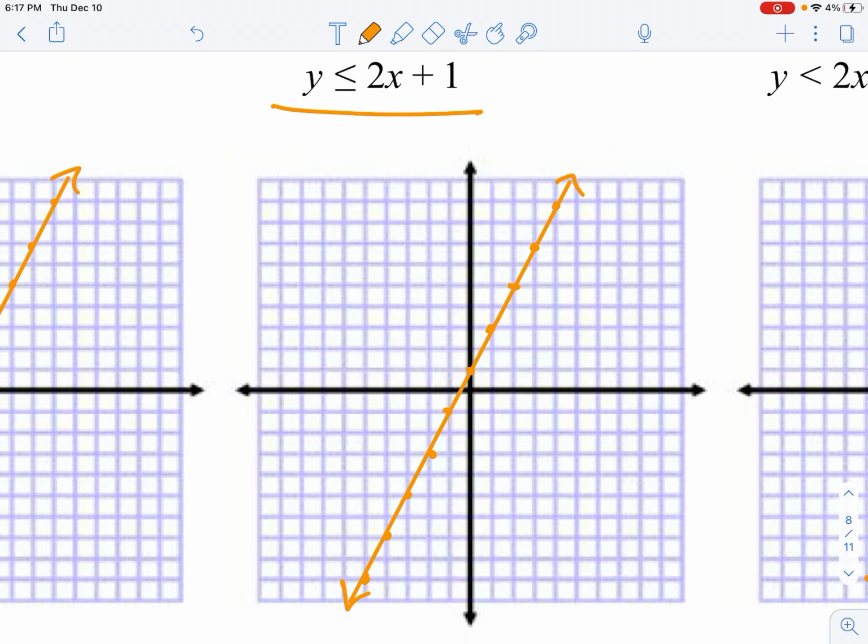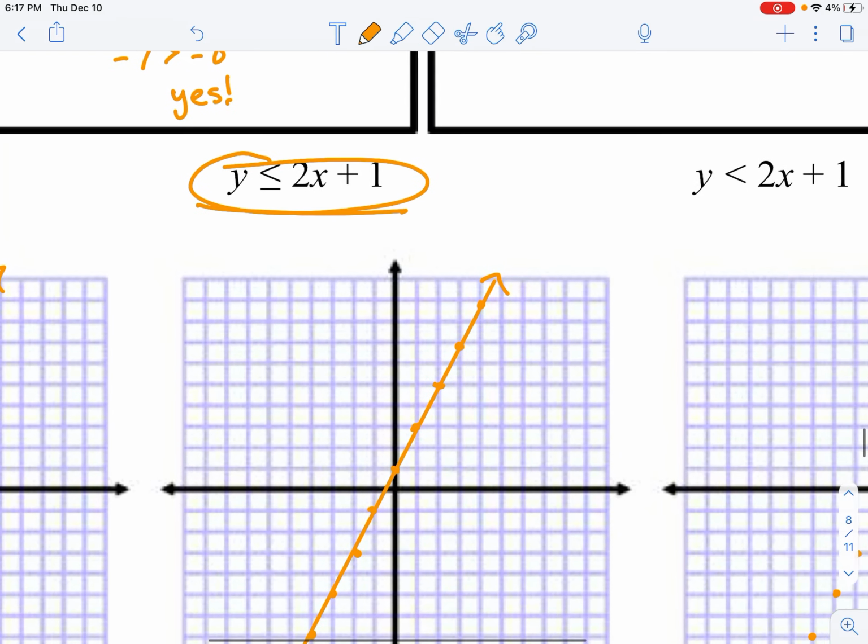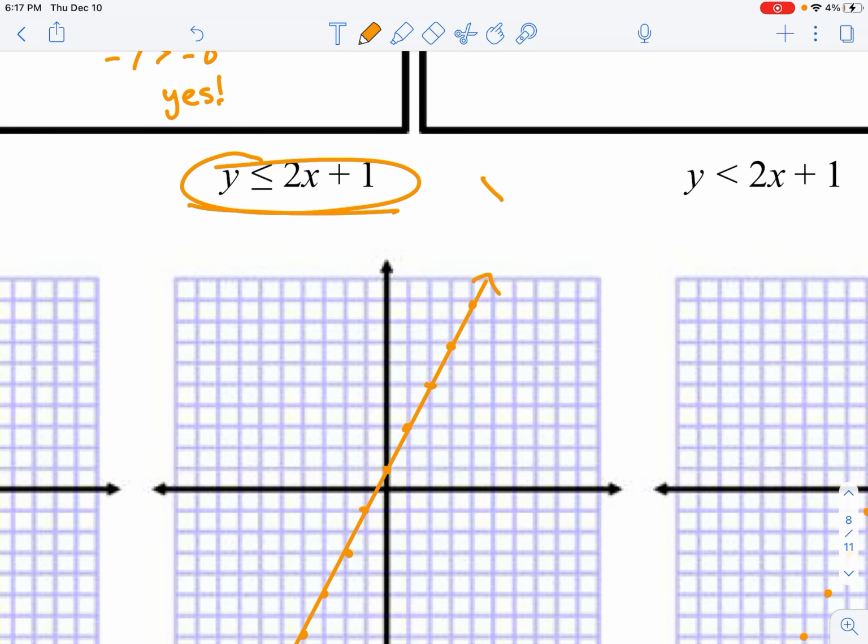So in the past, our solution would just be the line, but now we have infinite solutions to this equation. For example, if I was just to ask you, how many answers would there be for x is greater than 5? How many different numbers could you put in for x? A lot.